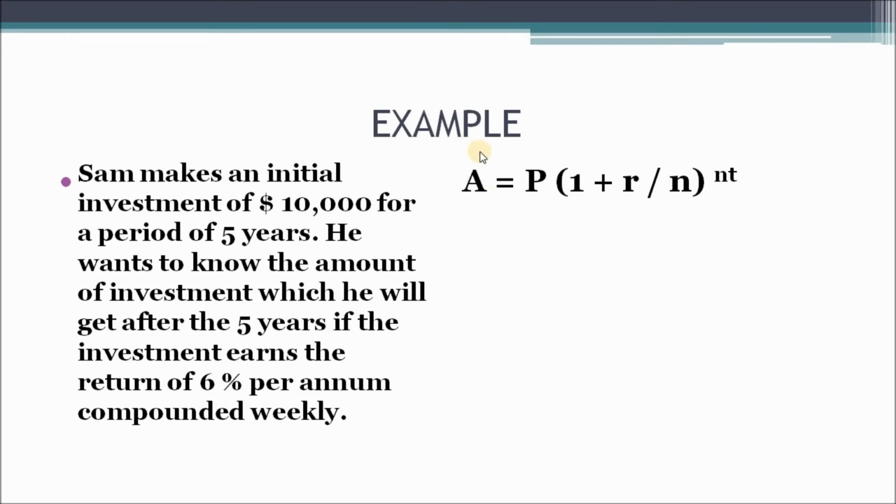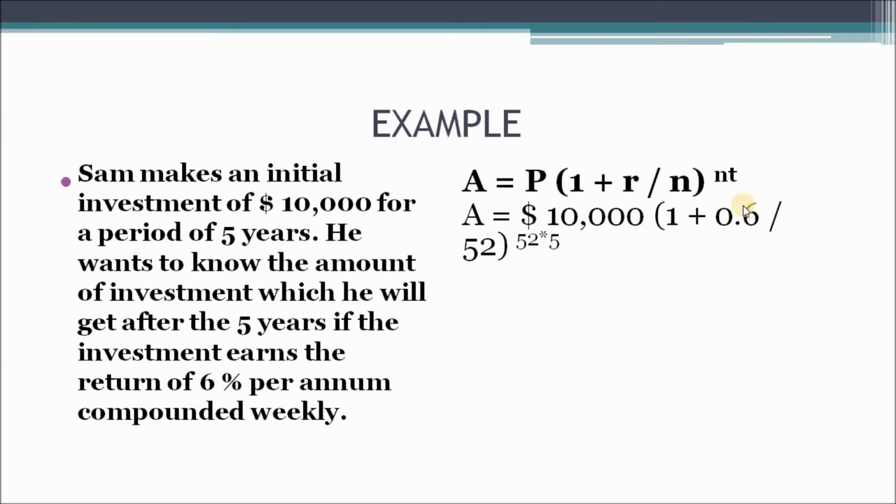So we have to find the amount here. $10,000 is the principal, and 1 is the year, because in compound interest you top up the interest for a year.